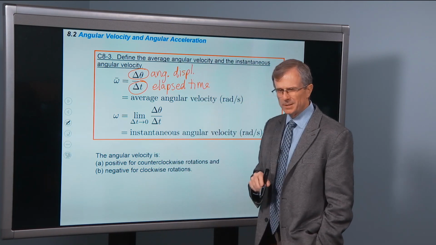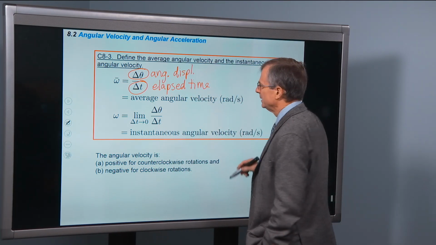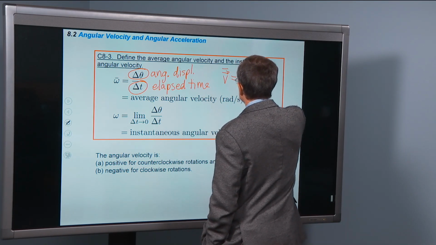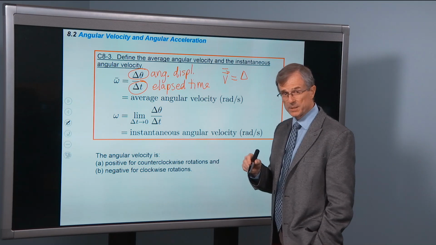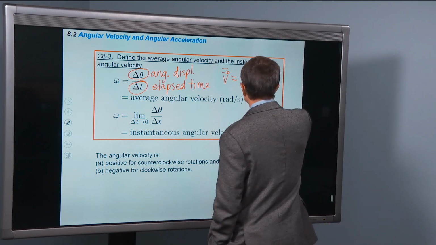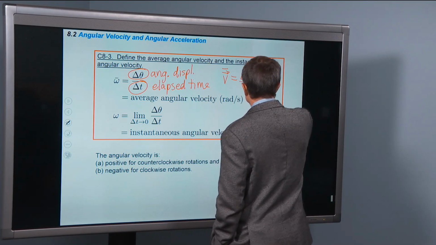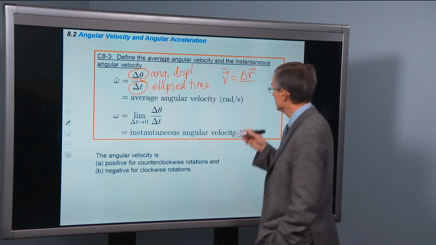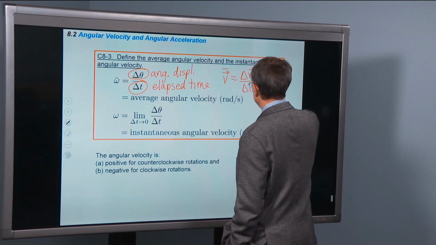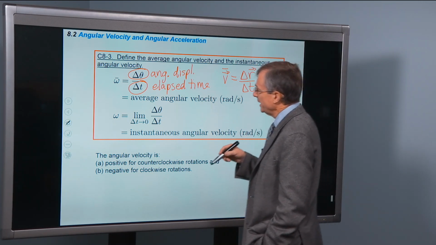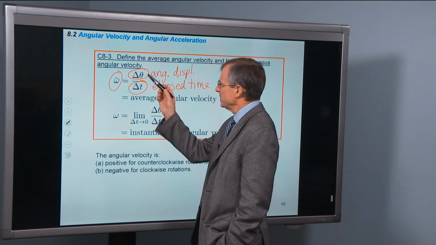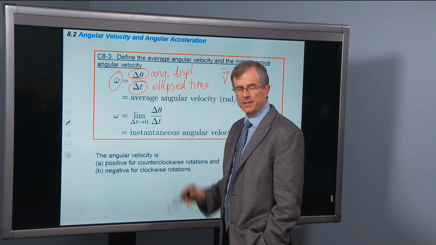So just in the same way that we define the average velocity vector as the delta r, the change in the position, aka the displacement, over delta time, we're defining the angular velocity as an angular displacement divided by the elapsed time.